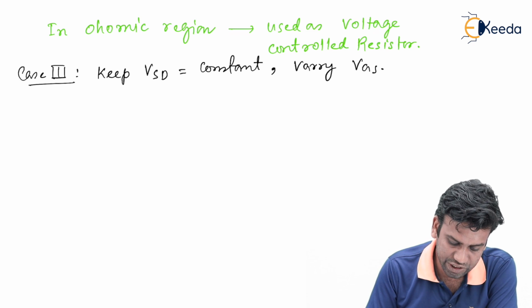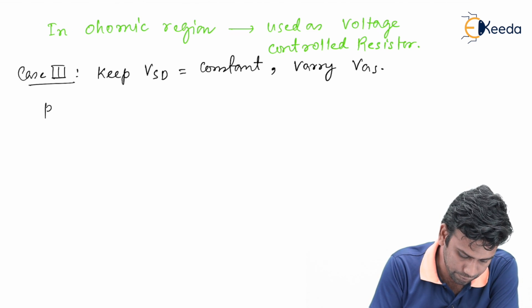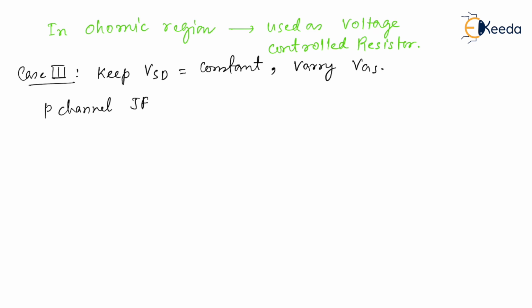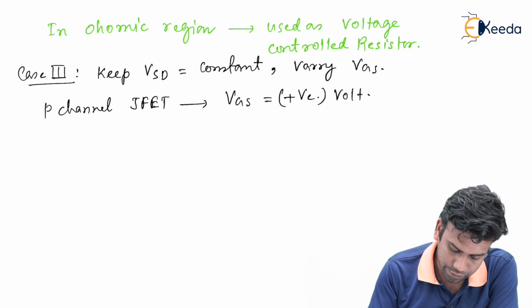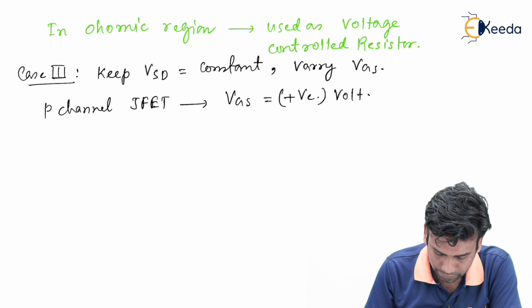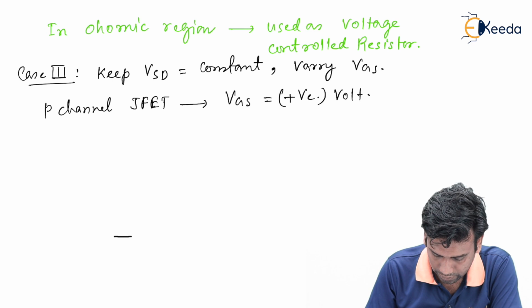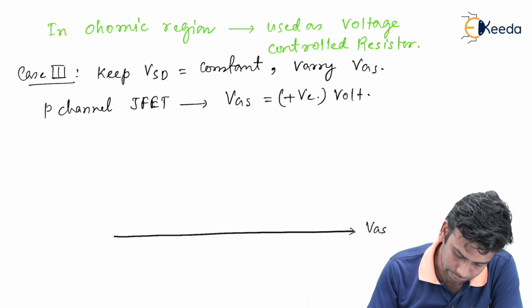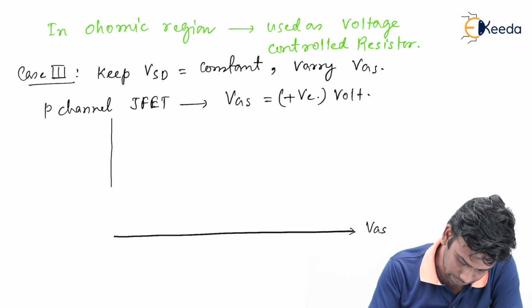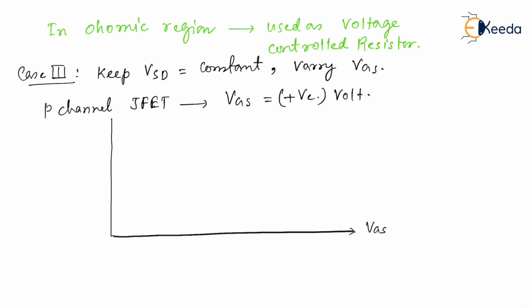So for a P channel JFET, we know that the VSD value or VGS value is positive. So if we draw the VGS for P channel JFET and ID, this is the gate to source voltage, and this will be the ID.